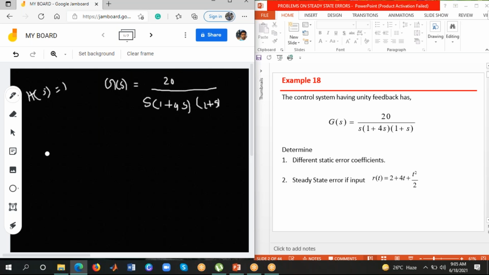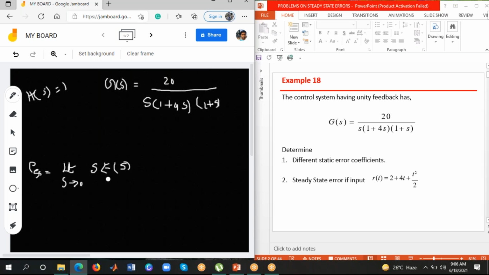The steady state error formula is ESS equals limit s tends to 0 of s into E of s. So this is the formula for steady state error.